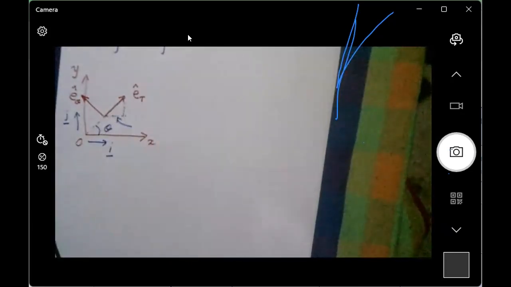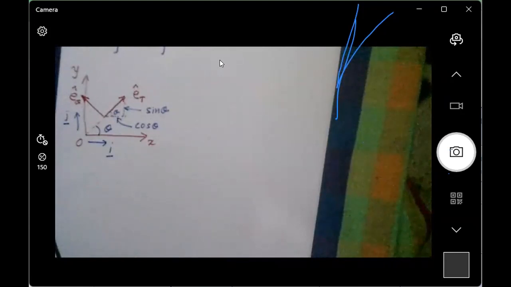So what we can do here is resolve the components of the e r unit vector along the x direction and y direction. How much is this part? This angle is theta, the length is 1, so this will be cos theta. And this part is how much? It will be sin theta, right?